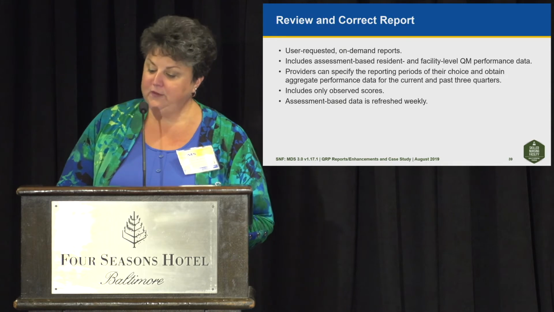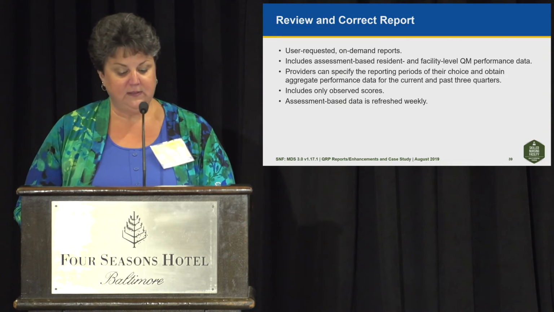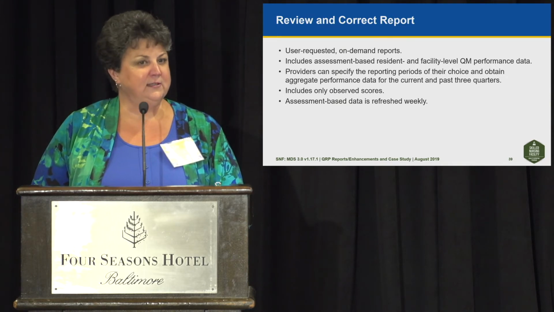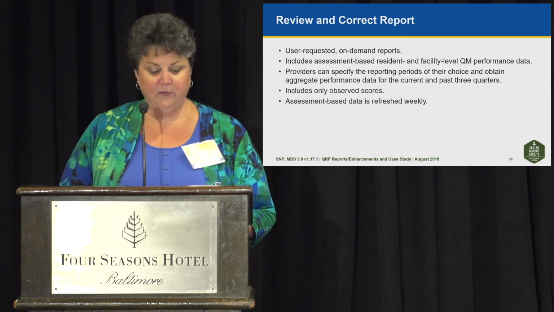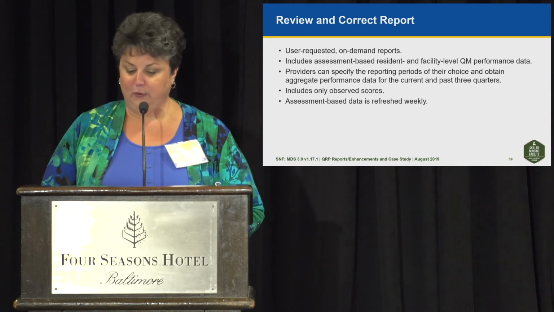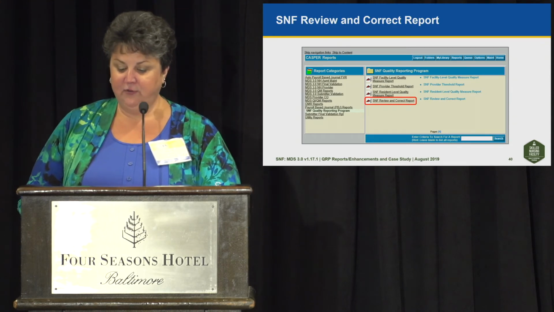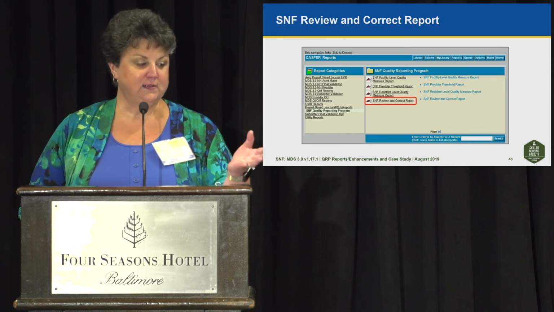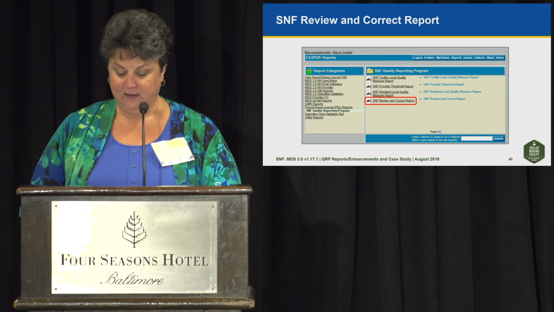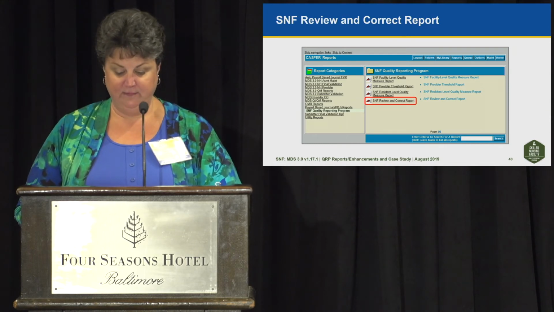There were some new features added to the review and correct reports this year, and the addition of resident level data, I think, is a great one, and we'll talk more about that as we go on. Like the other SNF QRP reports, you just select the link from the right-hand frame.